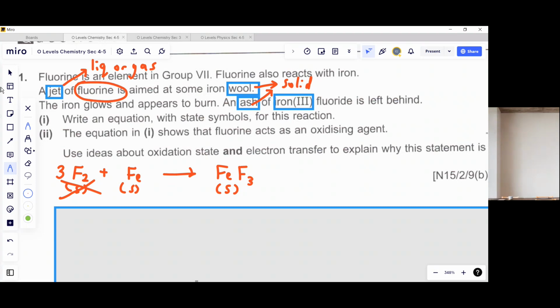Last column, your so-called group 0, all gases. Group 7, fluorine and chlorine are gases. And the rest will be hydrogen, oxygen, and nitrogen. Okay, then job done.